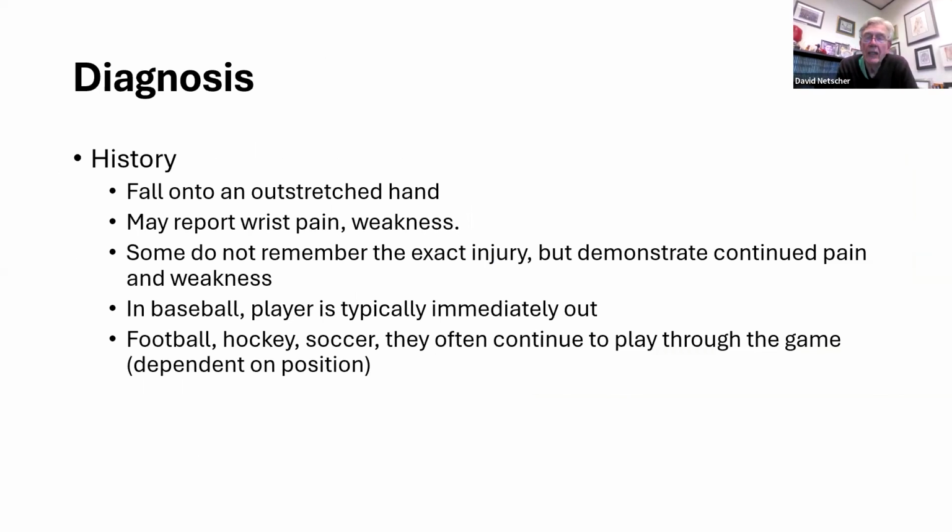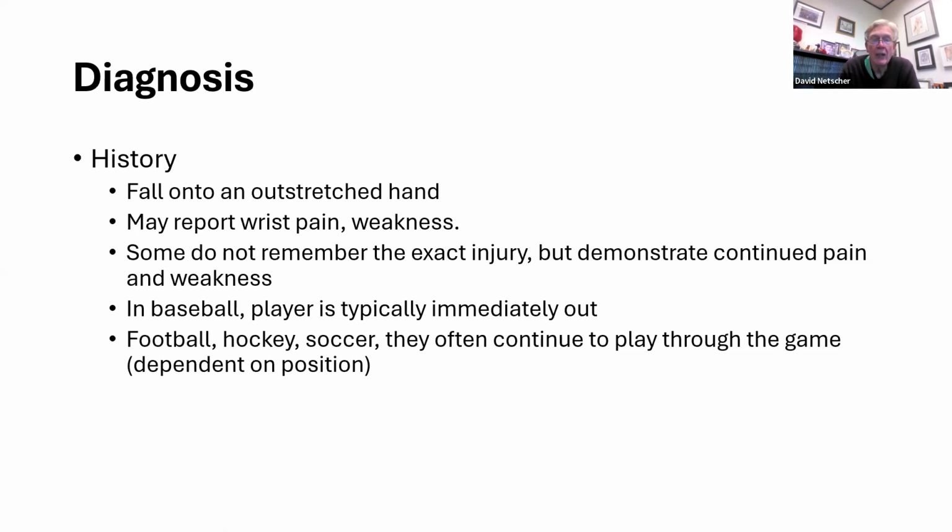So the history is again similar to a radius fracture where you fall on an outstretched hand. Patients will report weakness. Often they may present a little bit later because they don't remember the exact injury.